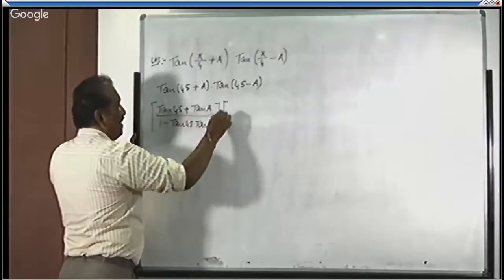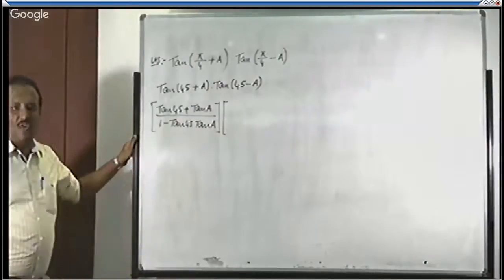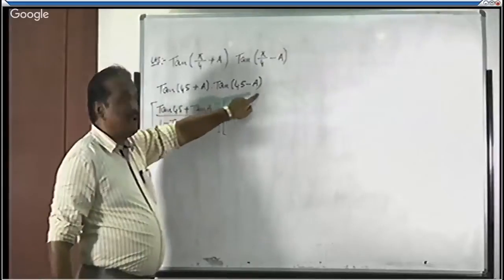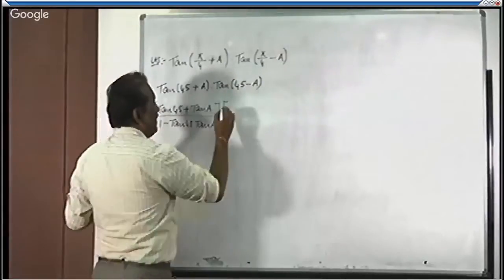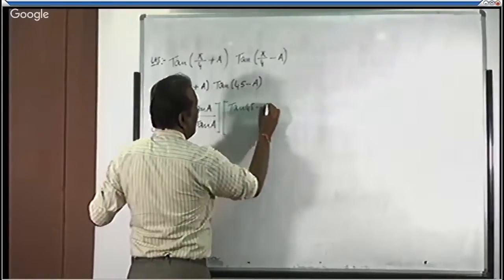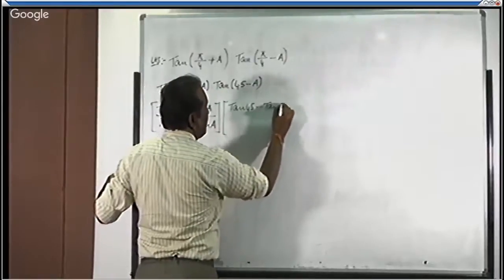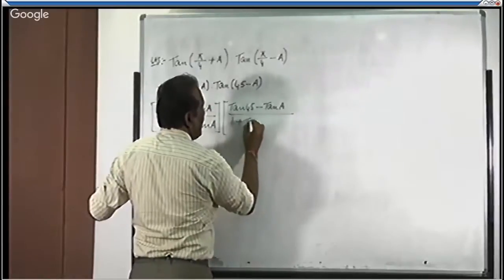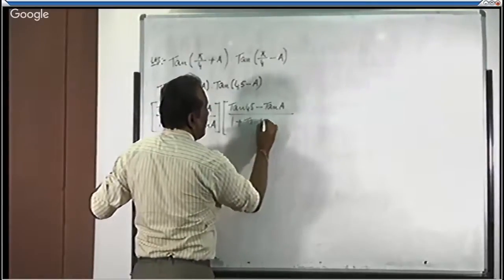Similarly, recall the subtraction formula: tan of a minus b is tan a minus tan b, whole divided by 1 plus tan a tan b.